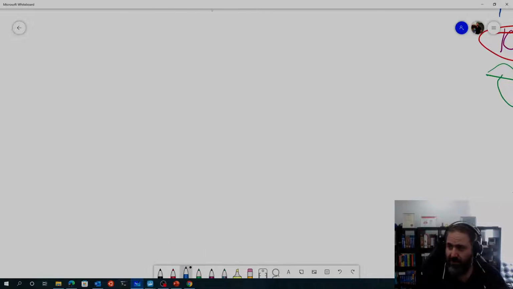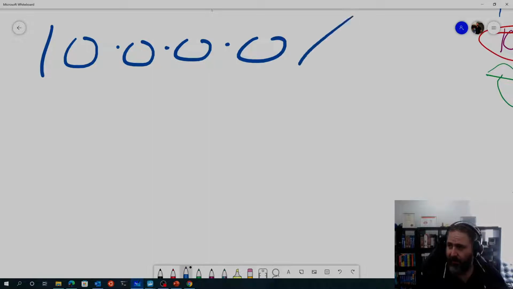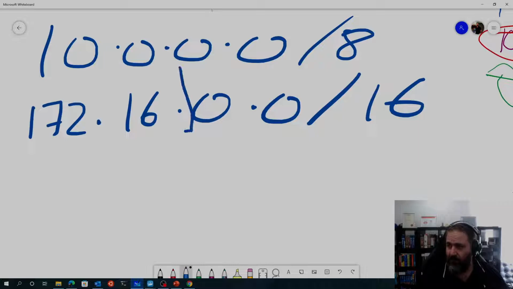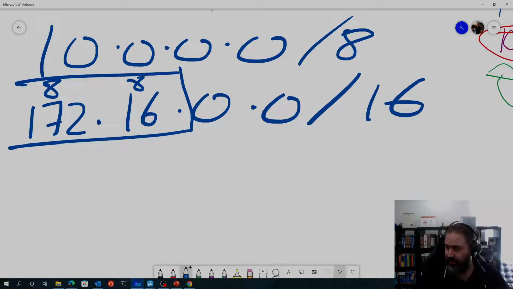So the first range is 10.0.0.0, so that's /8. Then we have 172.16.0.0, which is /16, because that's the network. 8 plus 8 is 16.